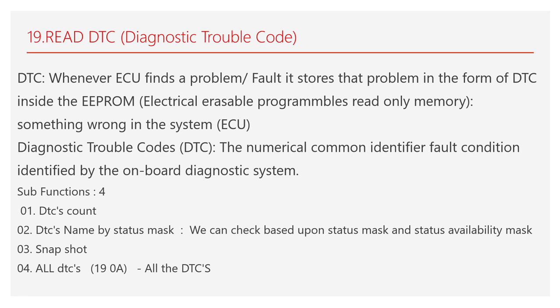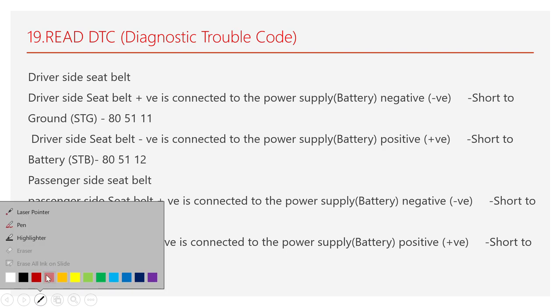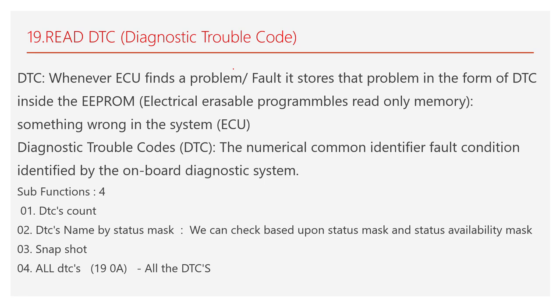I will give one or two examples. This is the driver seat belt, which I am taking as an example. In this status mask we have the four sub functions.